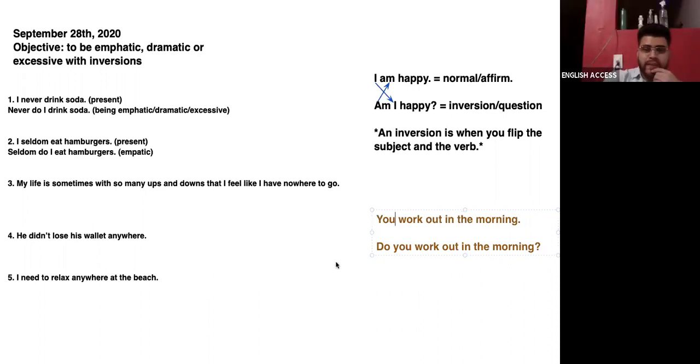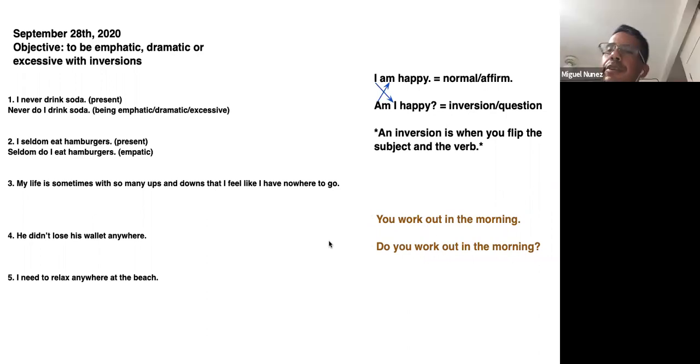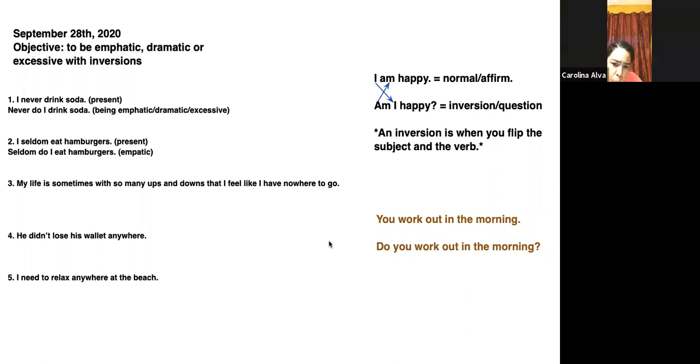In this case, it is still an inversion. Yes or no? No, because you're not inverting. You're not changing the position of the subject and the verb. Exactly. You're adding do. Very good.